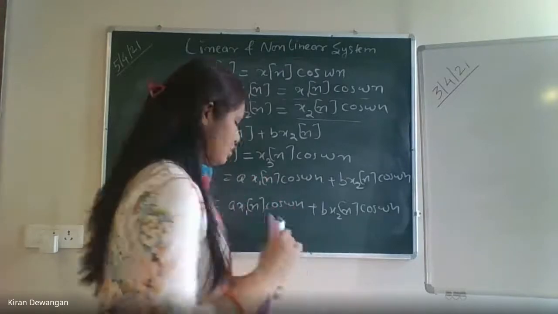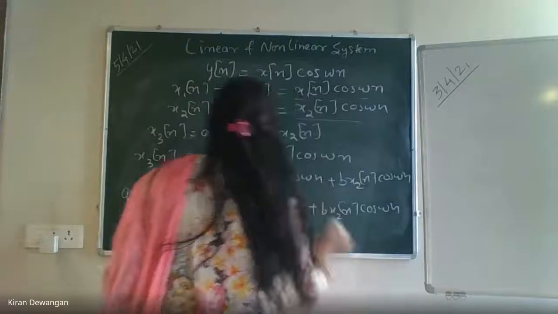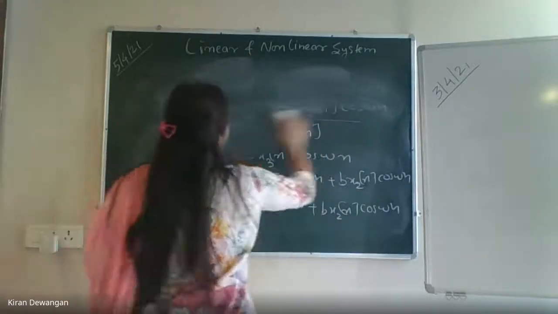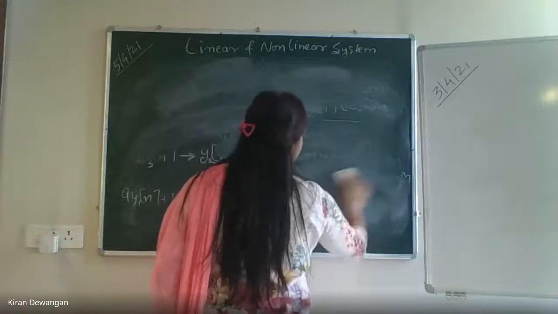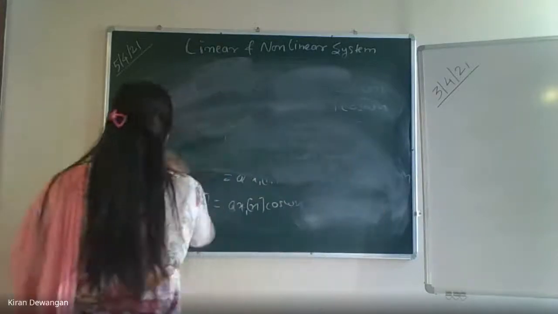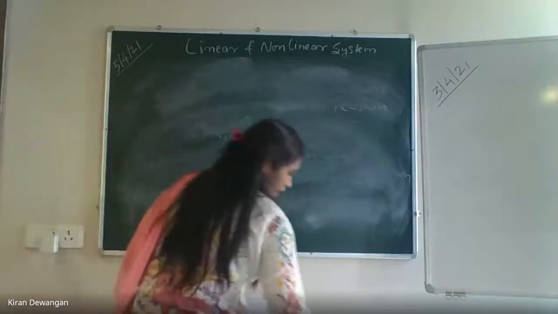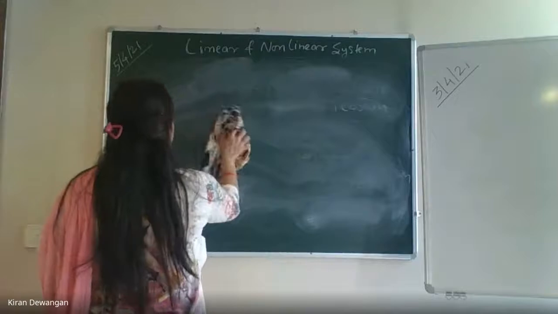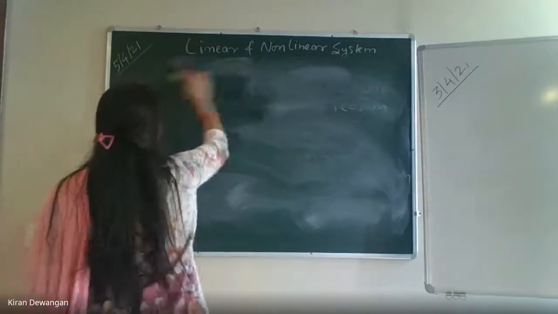Okay? So we'll now proceed with the another type of system, which is a time variant system or time invariant system. That is, it varies with time or it doesn't vary with time. So we have to check by the condition whether it is a time variant system or time invariant system.